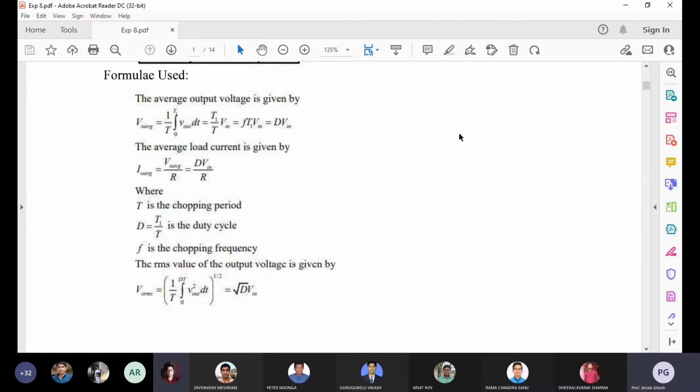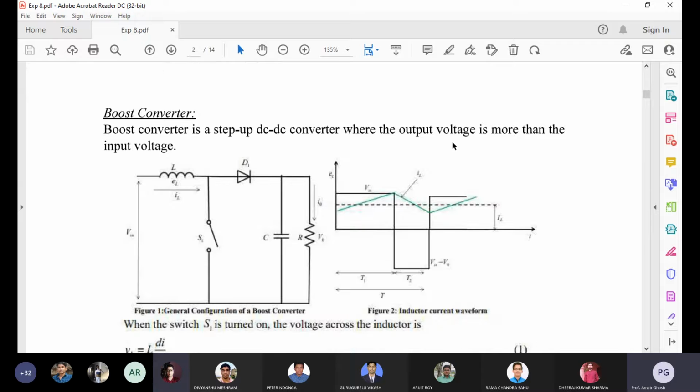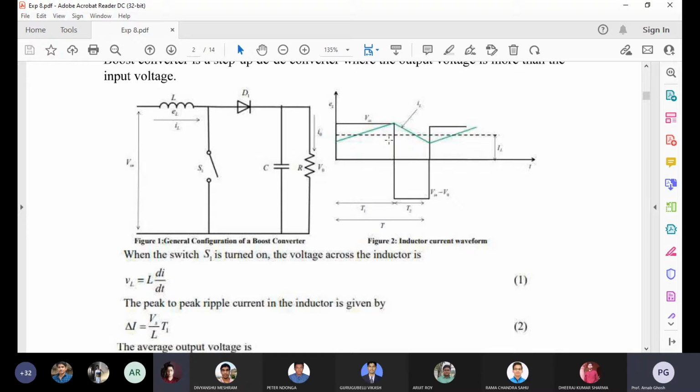In any standard book you will get the theory, so directly following the theory in this manual is not required. You can follow standard books, like Ned Mohan's or Rashid's books. And here you can see the circuit diagram of the boost converter.